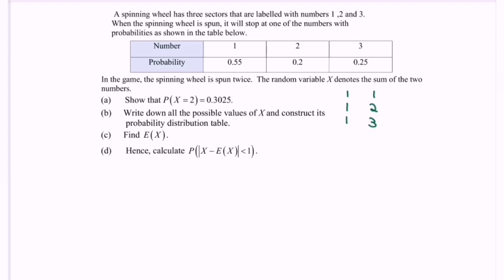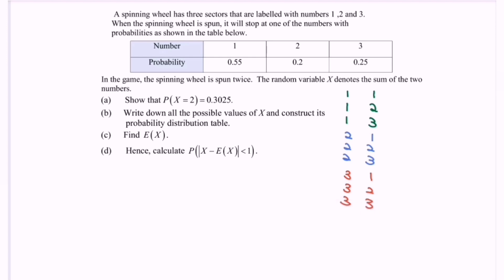That is the first situation, where the first spin is 1. Next, the first spin is 2. Then we have (2, 1), (2, 2), and (2, 3). If the first spin is number 3, then we have the second spin: (3, 1), (3, 2), and (3, 3). So that is the possibility.